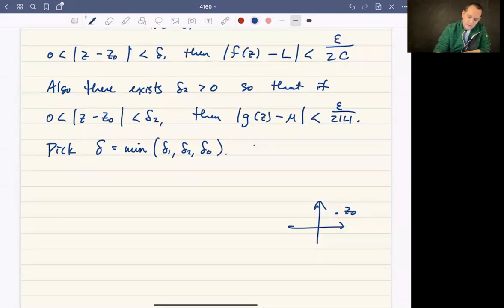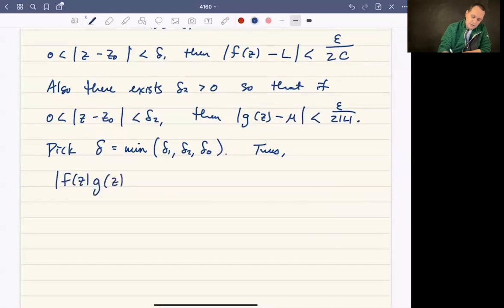Therefore we can check that if we take f of z times g of z minus L times M, since we already did the algebra, this is going to be less than or equal to the modulus of g times the modulus of f of z minus L plus the modulus of L times the modulus of g of z minus M.